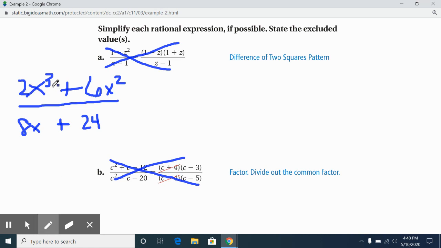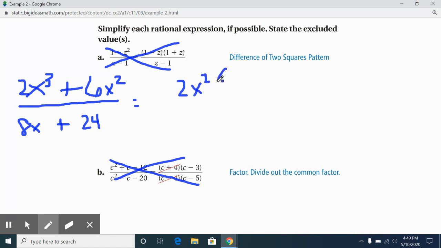What I do when I factor is this. I look at the top expression first and factor it. We're going to go step by step. What's the greatest common factor between 2x to the third and 6x squared? The greatest common factor would be 2x to the second power.